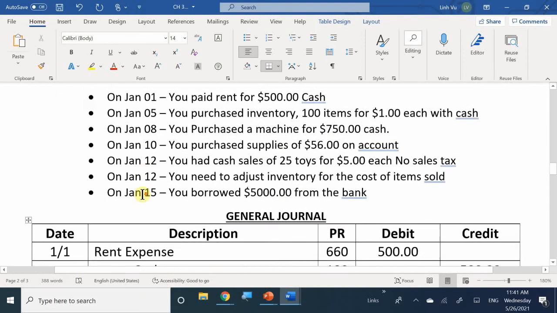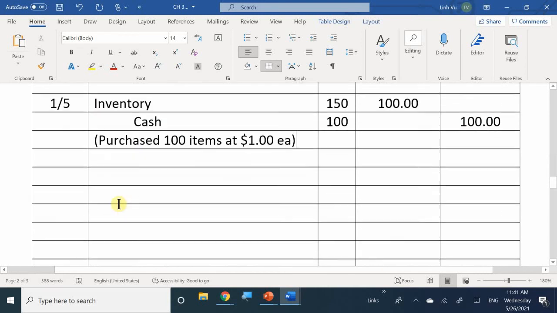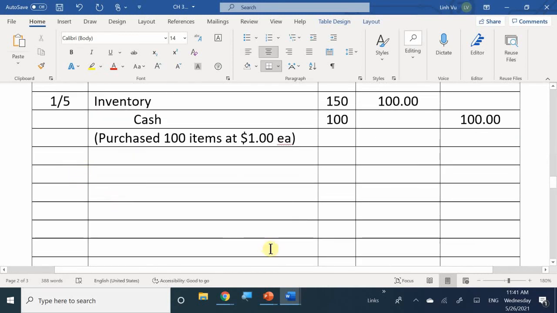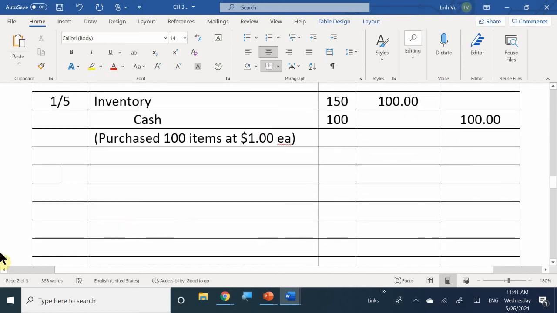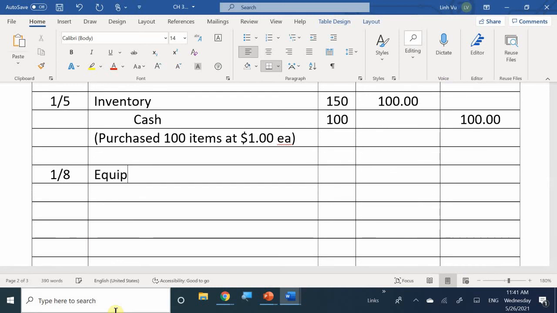So am I increasing my assets or decreasing my assets when it comes to equipment? Asset increase. Asset increase, right? So in this case, this is January 8th. So January 8th, we purchased equipment. So therefore, we're going to increase it.